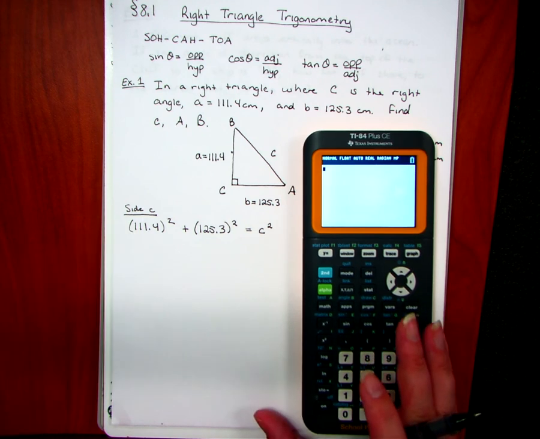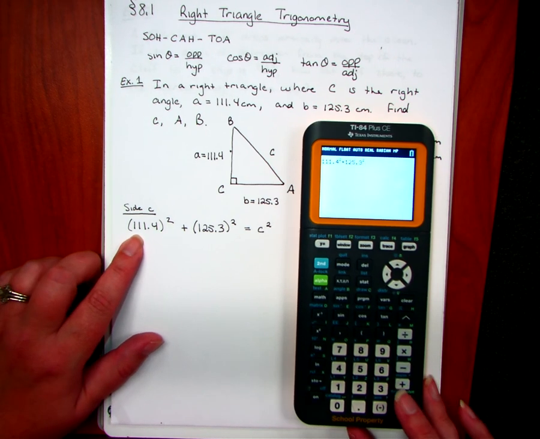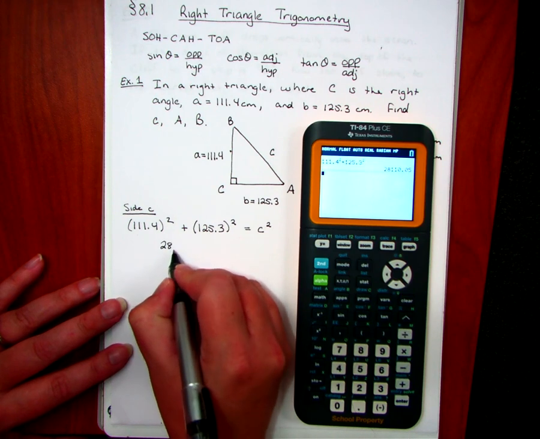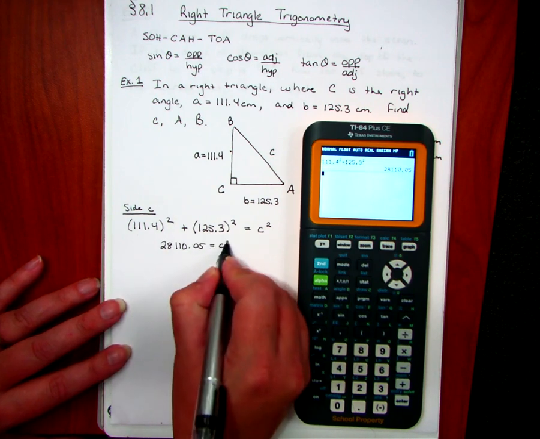I'm going to square 111.4, and I'm going to square 125.3, add the two numbers together. So I'm going to get 28,110.05 is c squared.